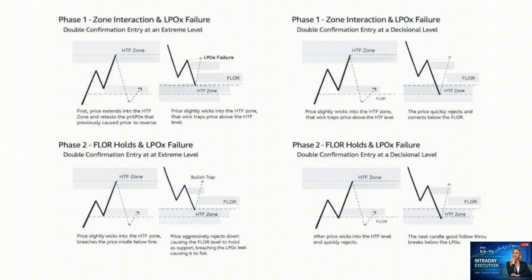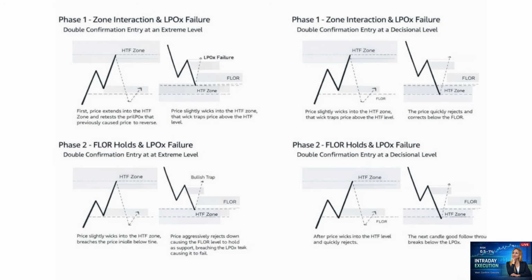Price then trades into the previous supply that was in the otherwise higher high. They swap here, and the key here is now we see the last point of demand fail. We need to see this last point of demand fail, confirming that this in fact was a sweep, and now that we've seen price trade lower and break the last point of demand, we can trade this more decisional level.